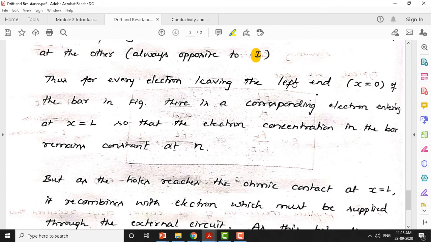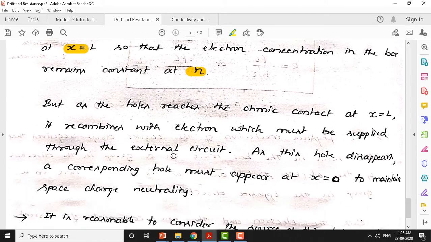Thus, for every electron leaving the left-hand end of the bar at x equal to 0, there is a corresponding electron entering at x equal to L, so the electron concentration throughout the bar remains constant at N.